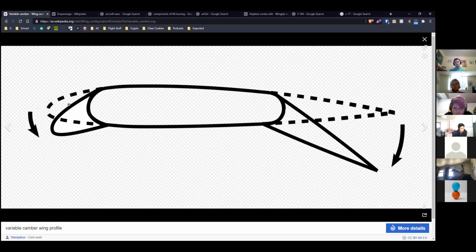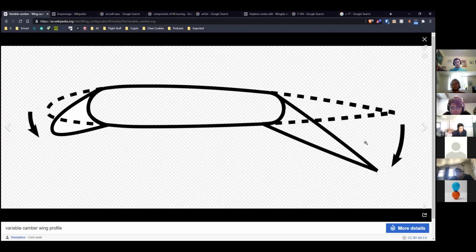It's not exactly that, but it's pretty close. Sometimes it is exactly that, but generally that's roughly where the camber line is. So the camber line is way far away from the chord line once you've got these things extended.